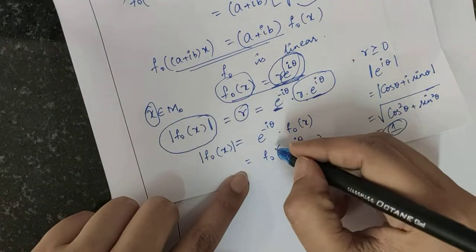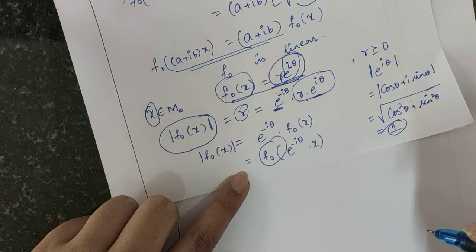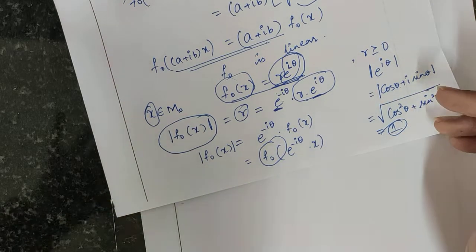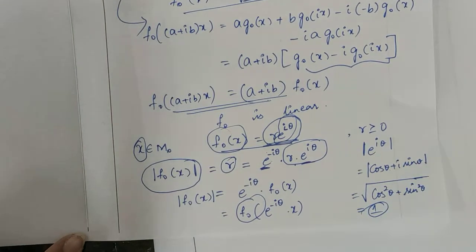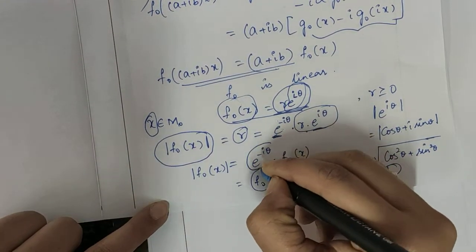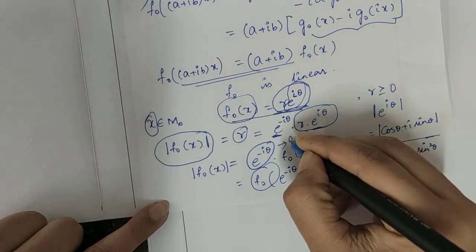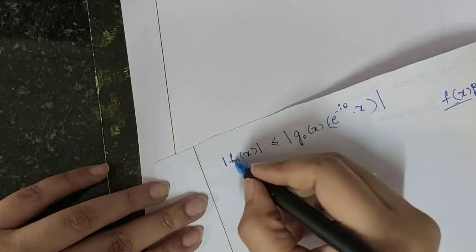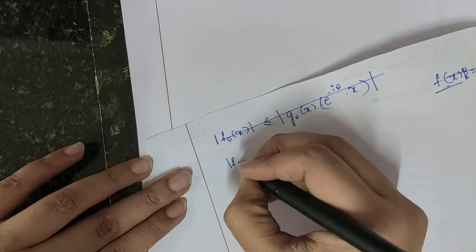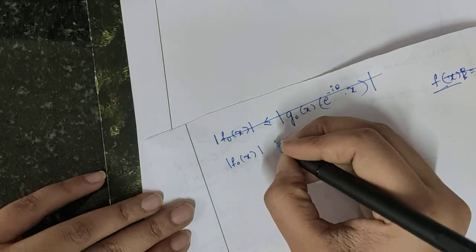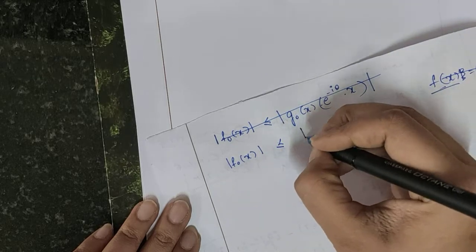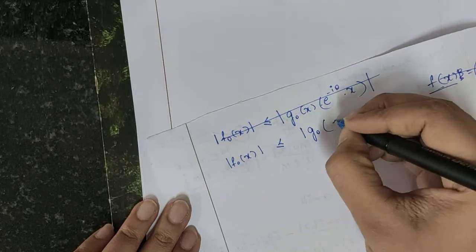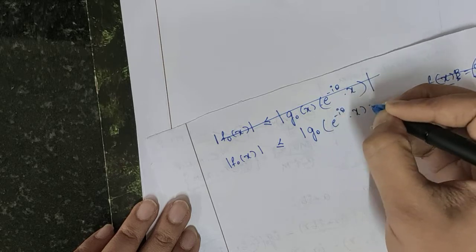this term will be less than or equal, greater than or equal to g. If you are getting confusion with f naught and g naught, you can do one more thing. You can assign this e power minus i theta to g naught, so that here your mod f naught of x will be less than or equal to mod g naught into e power minus i theta into x.